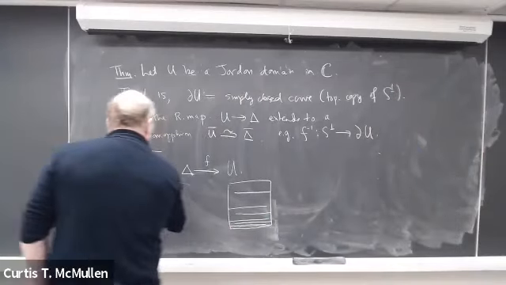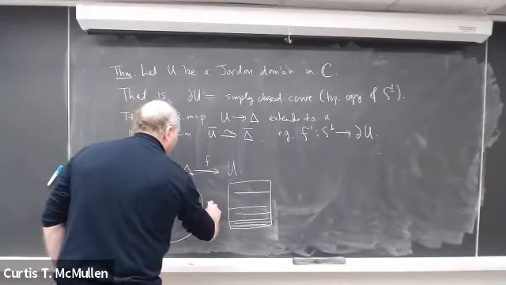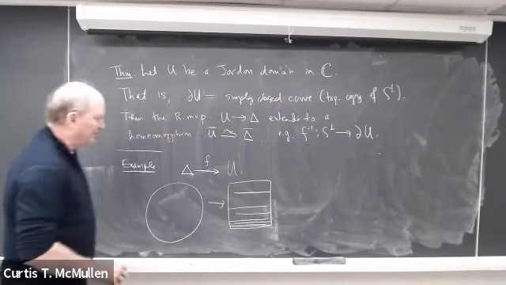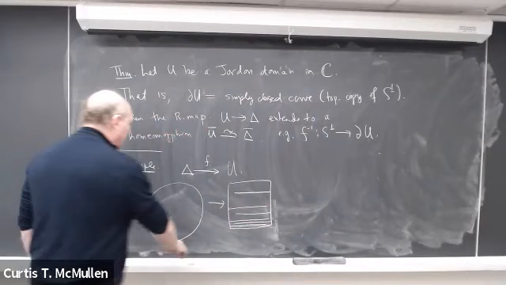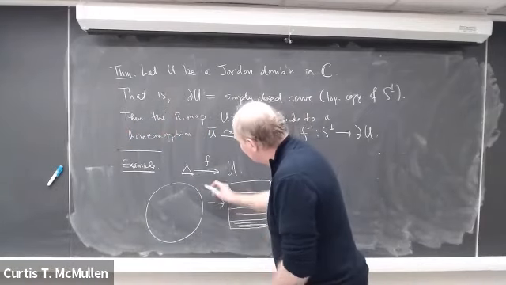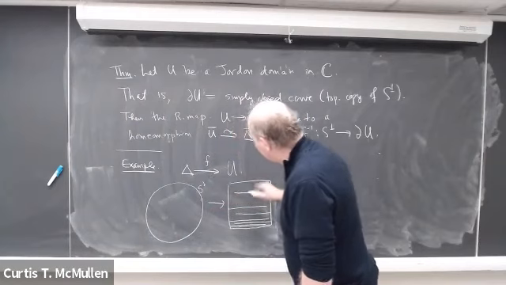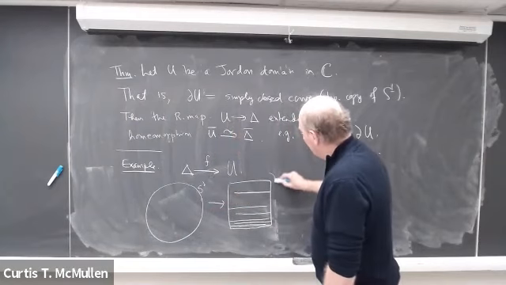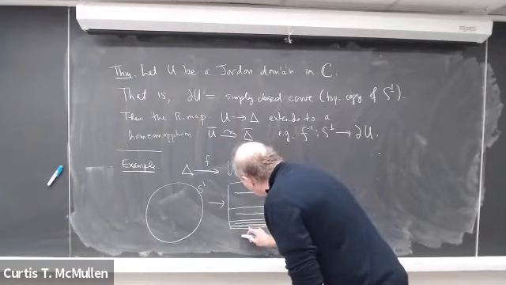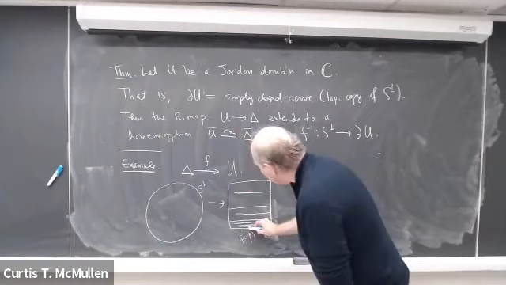And now here's the unit disk, and by our theorem, there is a homeomorphism from the unit disk to the interior of this region. But we could ask, does it extend to even a continuous map from the circle to the boundary? Well, if it did, there would be some point on the circle that maps to the bottom of the rectangle.